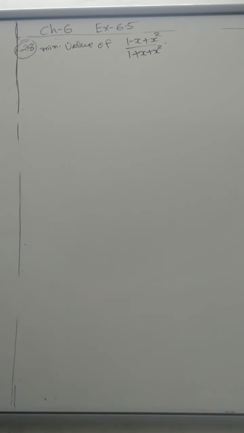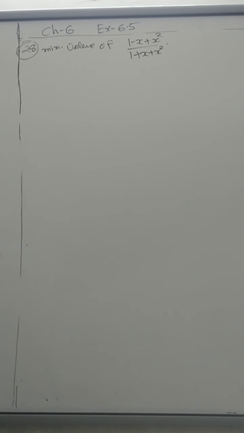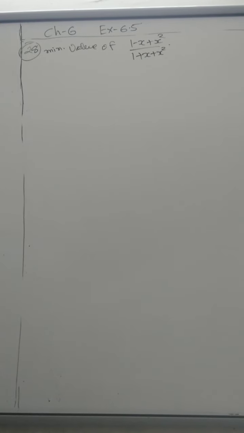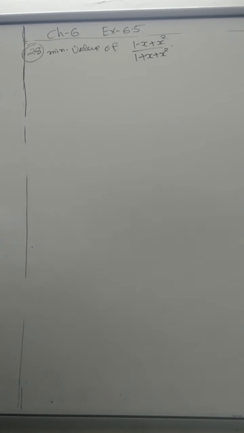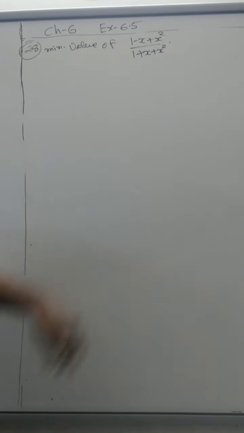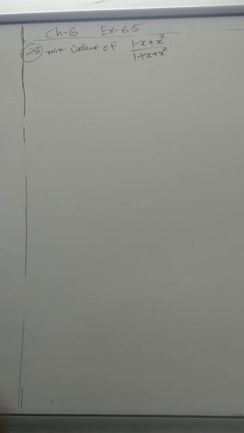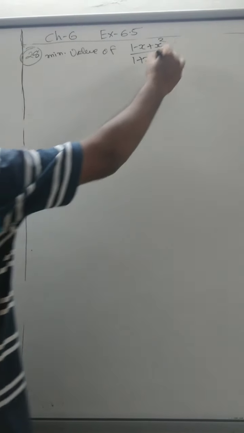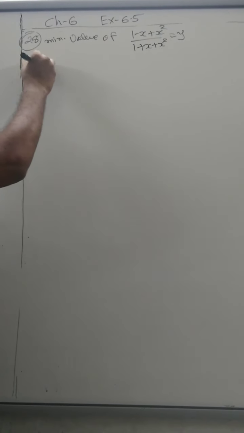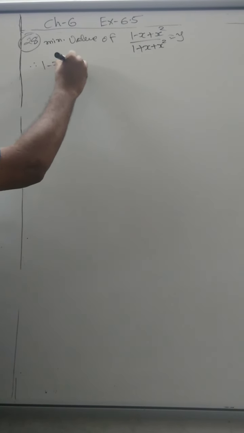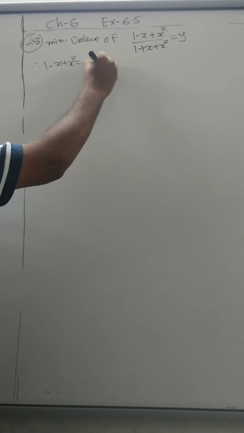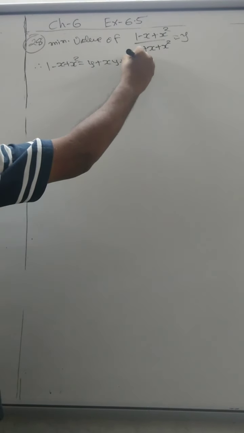Okay, next. Here we want to find the minimum value of 1 minus x plus x square upon 1 plus x plus x square. If we go through the direct derivative test, then it is quite lengthy, but we take this as y. Therefore 1 minus x plus x square equal to y plus xy plus x square y.